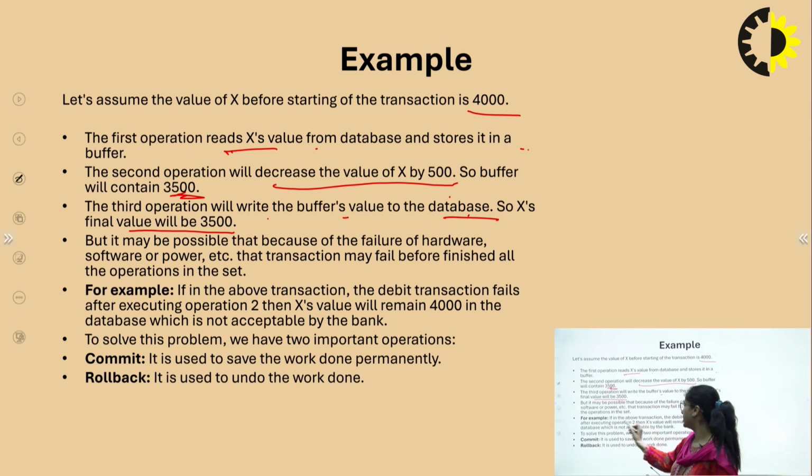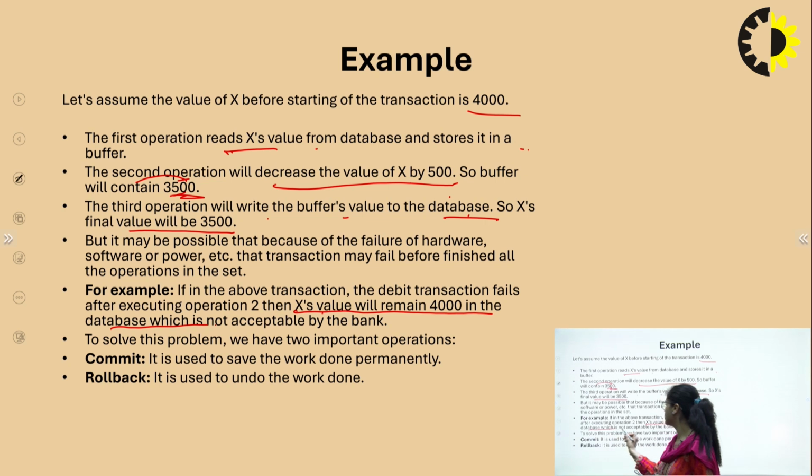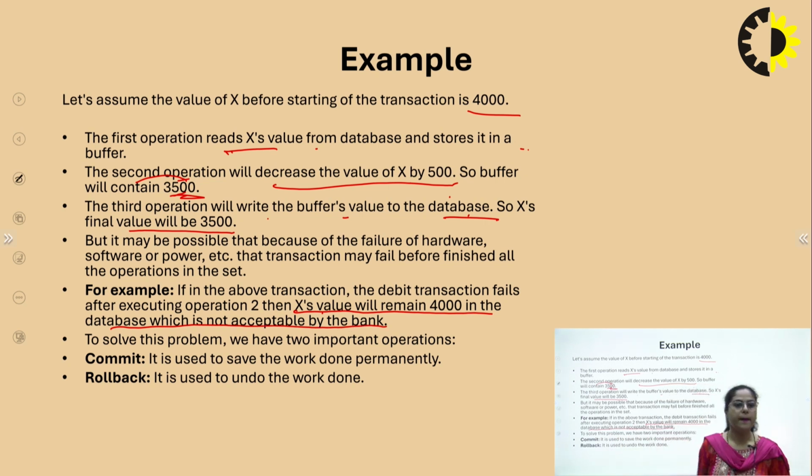For example, in the above transaction, the debit transaction fails after executing the second operation. Then the X value will remain 4000 in the database, which is not acceptable to the bank.